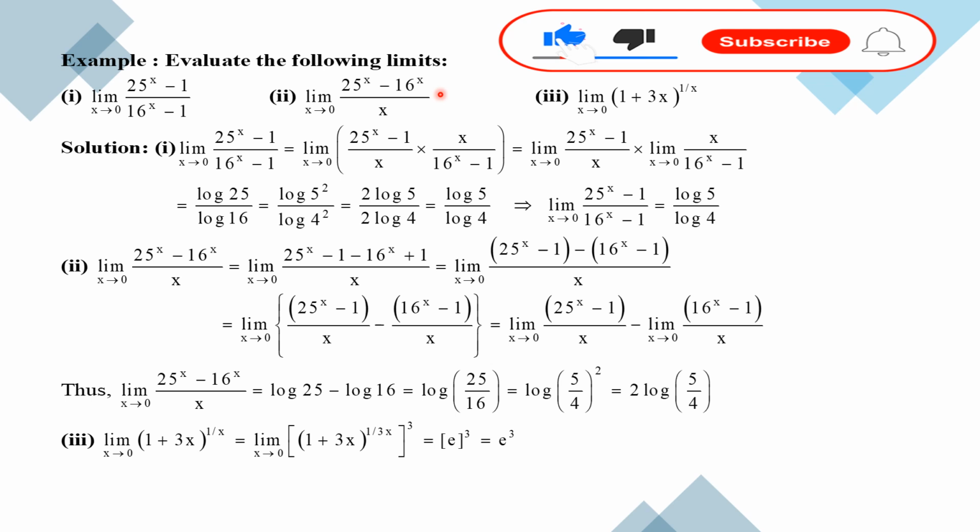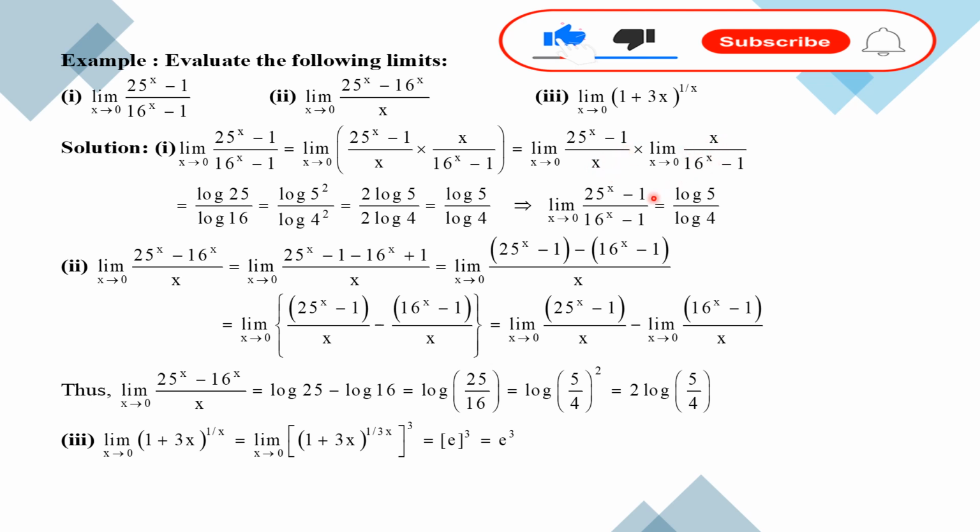Evaluate the following limit by using the formula. Limit x tends to 0, 25 power x minus 16 power x over x. So limit x tends to 0, 25 power x minus 1, 16 power x minus 1. We multiply and divide with x here. So limit x tends to 0, 25 power x minus 1 over x.